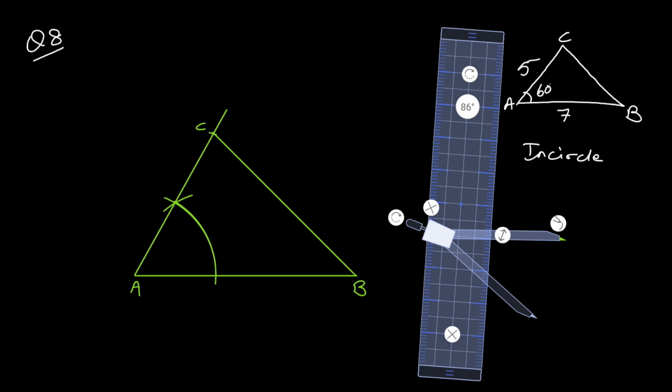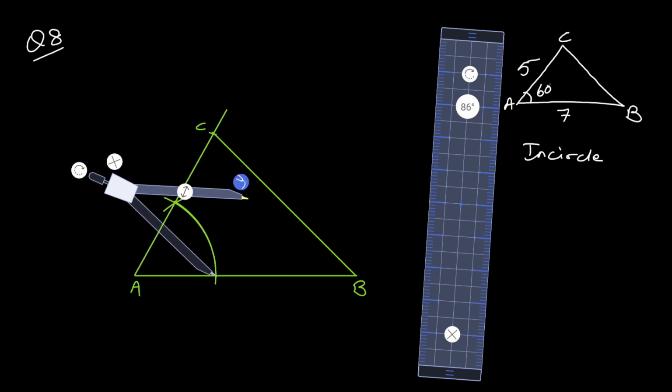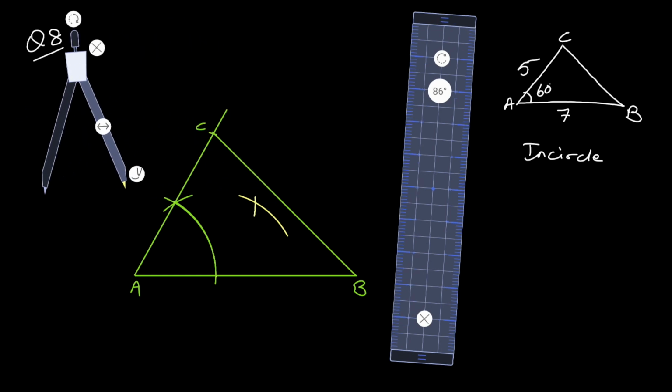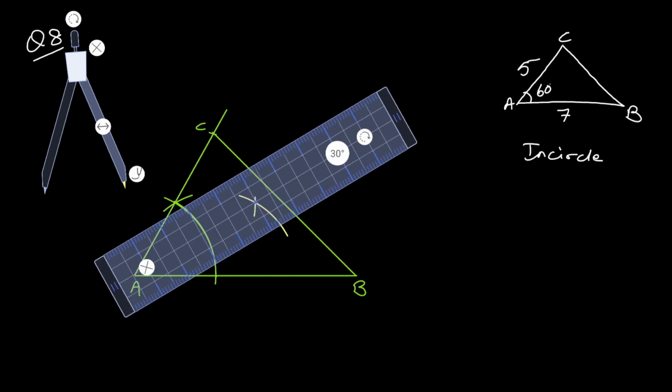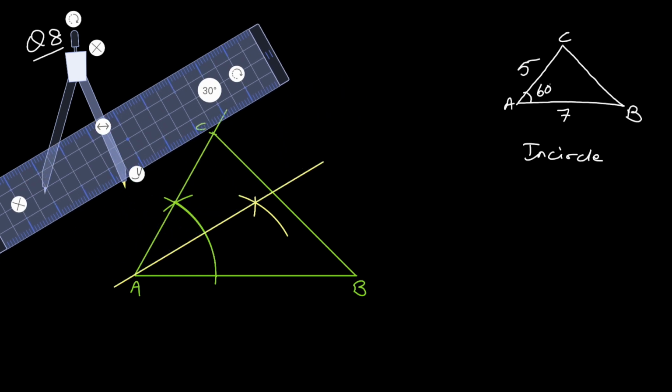So you have one 60 degree angle, you bisect that 60 degree angle and then bisect either angle B or angle C. Bisector of angle A: in the question it is given angle A is 60 degree, so the bisector is 30 degree.